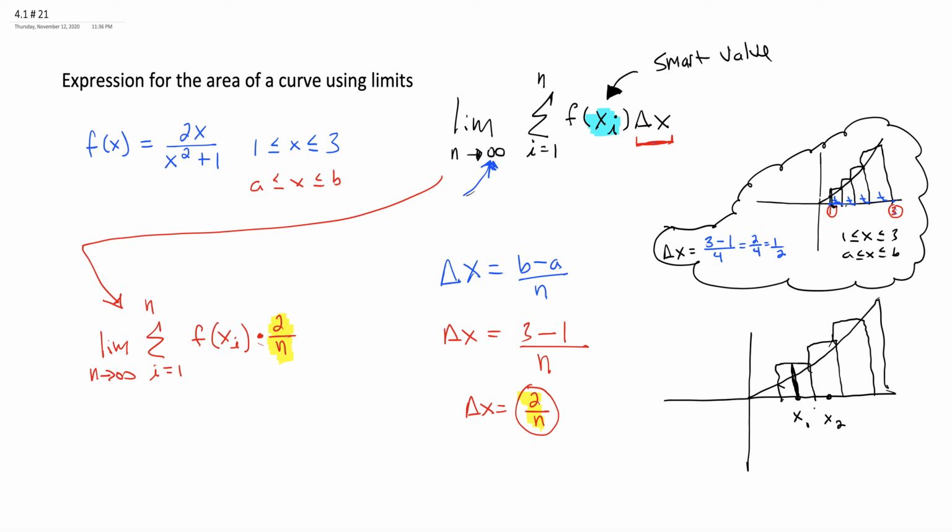So you're not going to say x2 is right here. That's within the same rectangle. That's what I meant by a smart value. It's basically an x location in an adjacent rectangle.